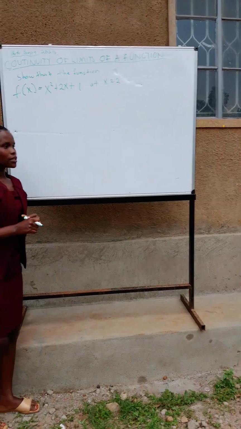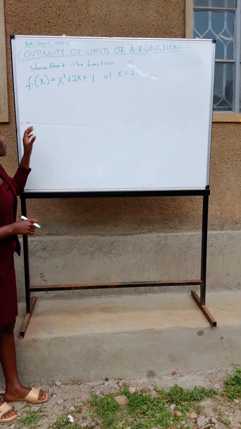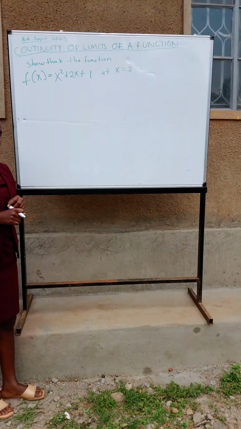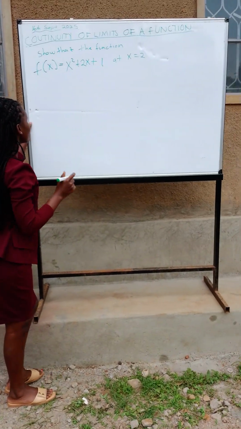You know it very well that for a function to be continuous at any point, the functional value must be equal to the value of the limit. So we are going to first compute the functional value.